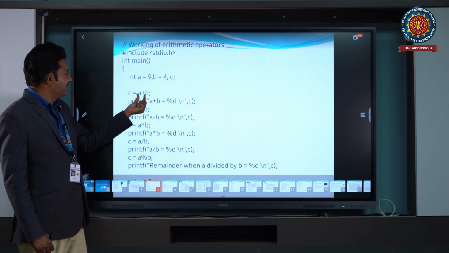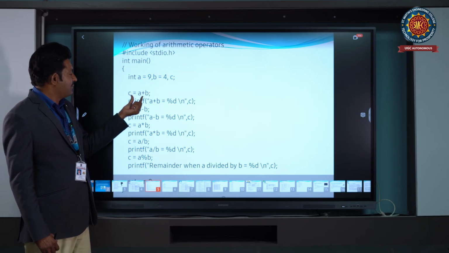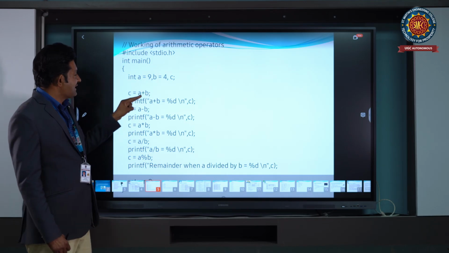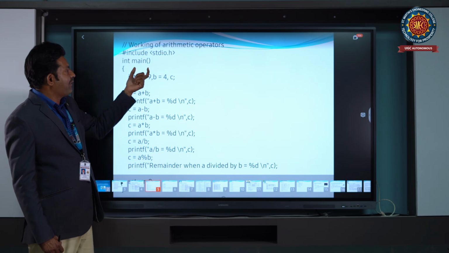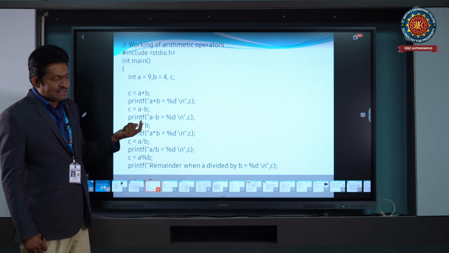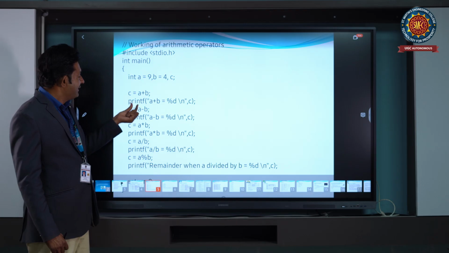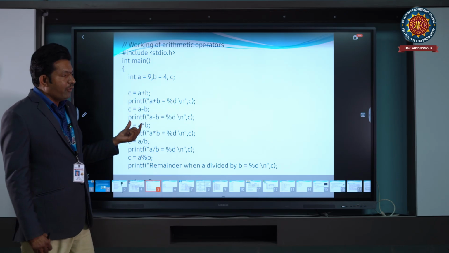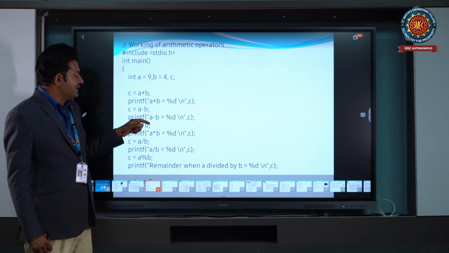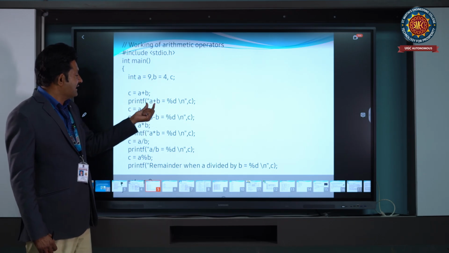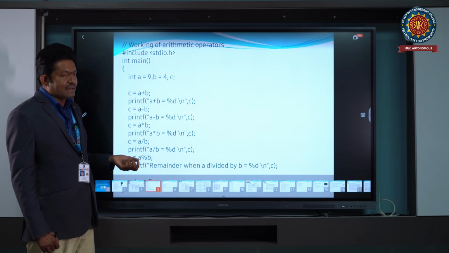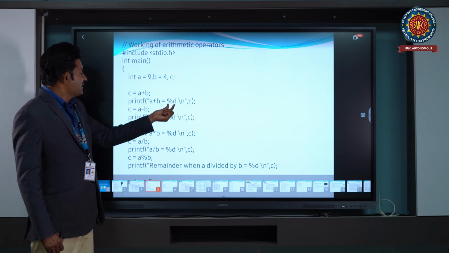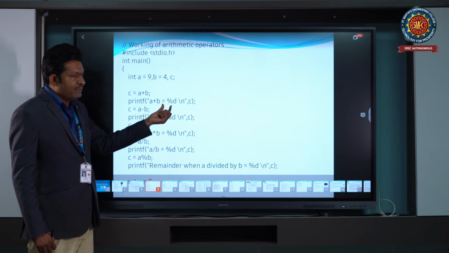Now C is equal to A plus B. In this line, A and B are the two operands and plus is the operator, because our topic is operators in C. Then printf of "A plus B is equal to %d slash n", comma C. We are printing the A plus B value. %d indicates the control string or format specifier for integer variables.